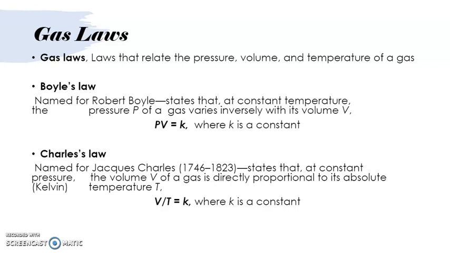Charles' law, named after scientist Jacques Charles, states that at constant pressure, the volume V of a gas is directly proportional to its absolute temperature T in Kelvin. So V/T = K, where again K is a proportionality constant.